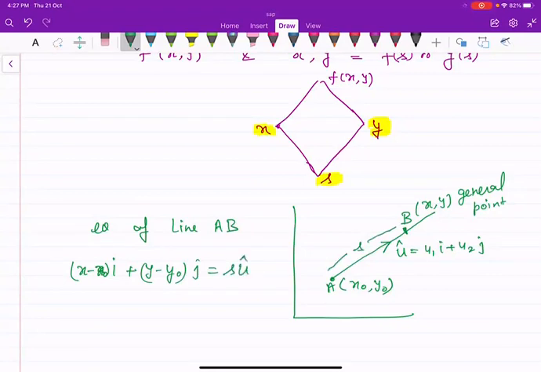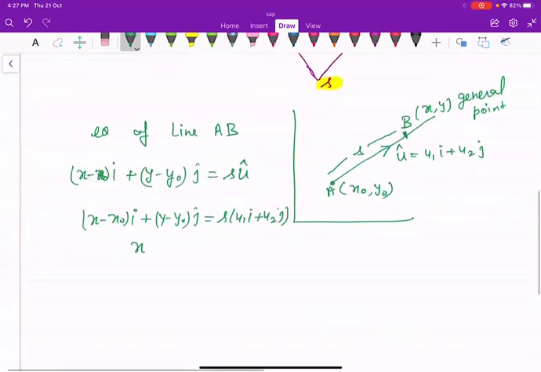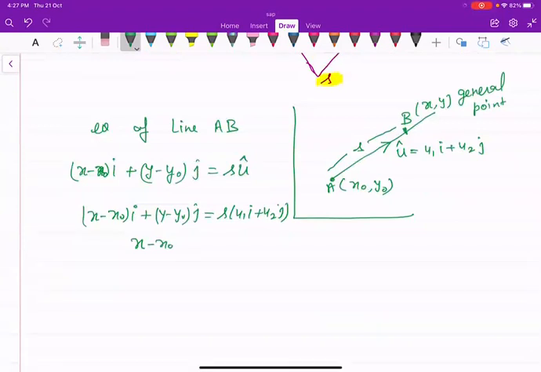That is the unit vector. So x minus x naught i plus y minus y naught j equals s times u1 i plus u2 j. Then on comparing, x minus x naught equals s u1 and y minus y naught equals s u2.